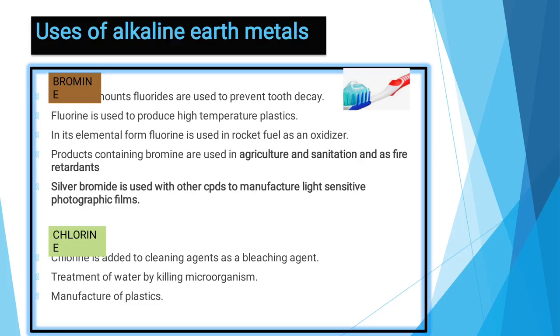And then again, chlorine is also added in small amounts to treat water by killing microorganisms. And then finally, chlorine is used in the manufacture of plastics. These are the uses of the halogens.